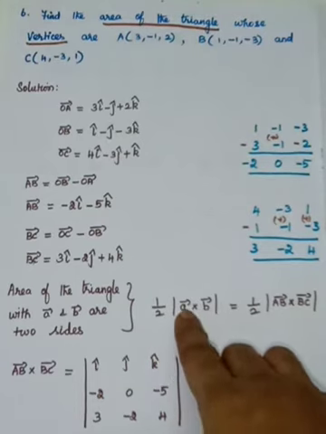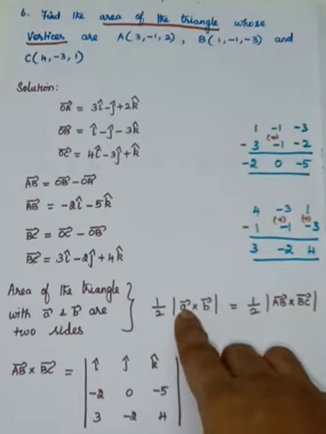What is the second vector? That is the BC vector. This is the formula you have to use in this problem. First you have to find the cross product. The cross product evaluation is a determinant. In the first row, i, j, k. In the second row, you have to write the coefficients of the AB vector. So minus 2, 0, minus 5.